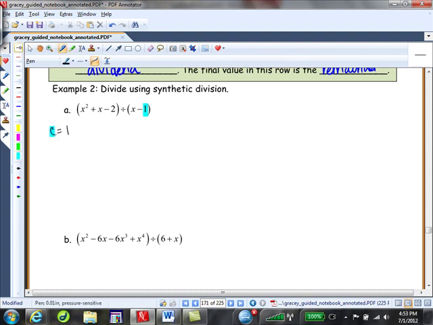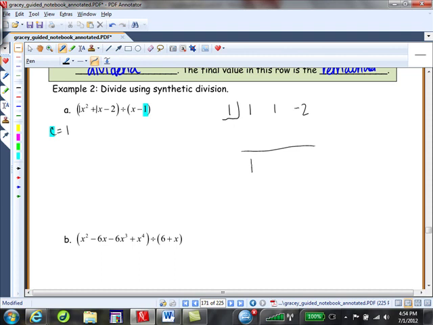You put in your c and write a little box like this. Now you write the coefficients. This is 1x squared plus 1x minus 2, so we put a 1, then a 1, and then a negative 2. We leave a space for a second row.